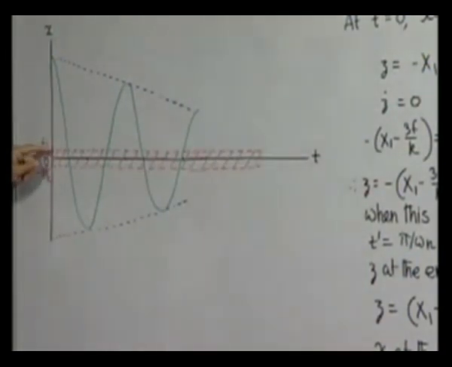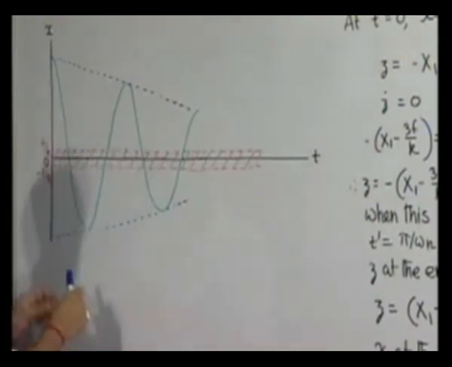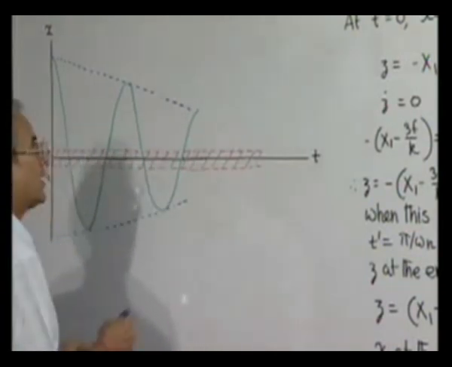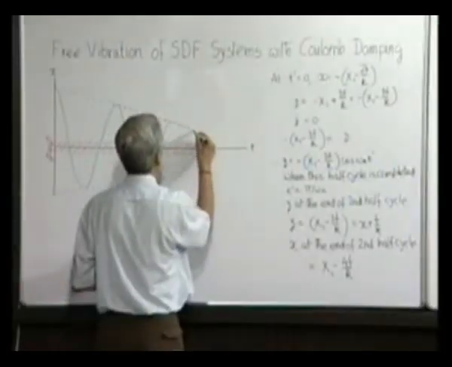Upper side it is f by k, lower side it is minus f by k on the x-axis. And we know that from here to here it reduced from capital X1 to capital X1 minus double of this, that is 4f by k. Now it continues like this.